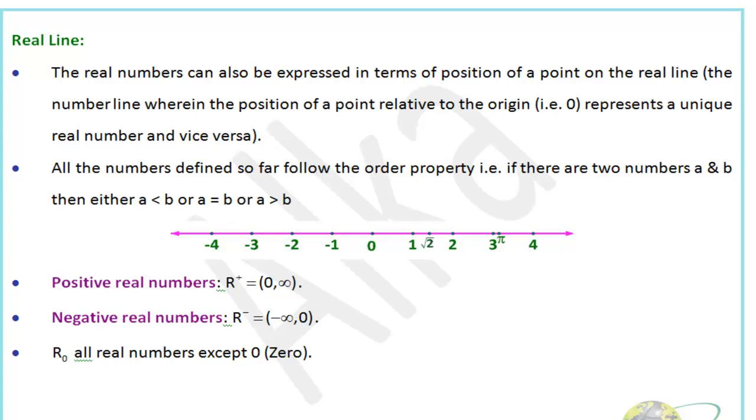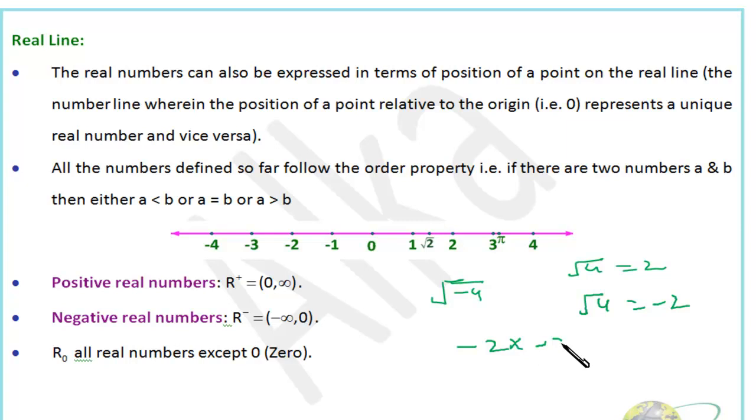Can you put up at least one example of a number which really does not exist, which exists only in your imagination? Suppose I give you the example root of minus 4. You know root 4 is 2, or we can say root 4 is minus 2. That means if you multiply minus 2 with minus 2, you get 4.